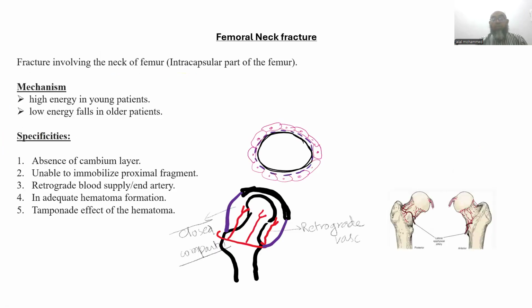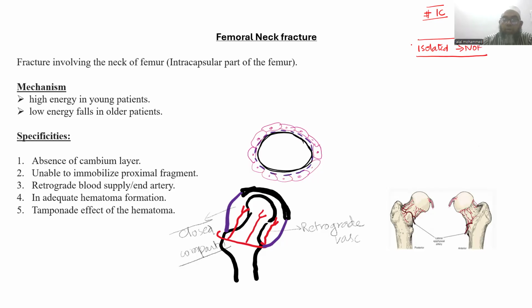Now coming to a very important topic, that is femoral neck fracture. When in the exam intracapsular fracture is asked, we need to include head and neck of femur fracture. Or when an isolated neck of femur fracture is asked, then we need to just write about this one.